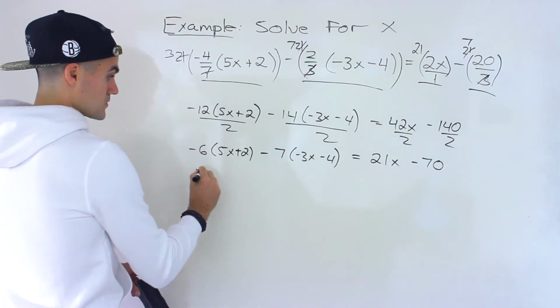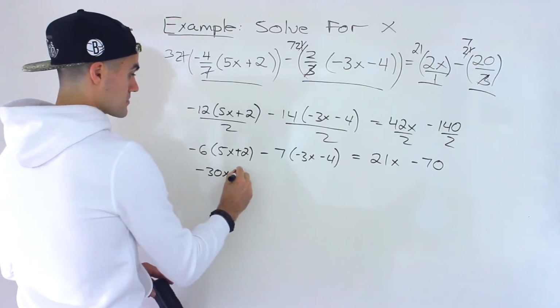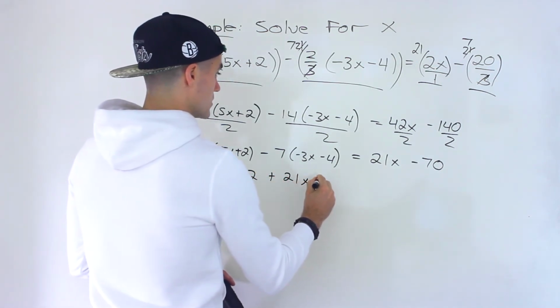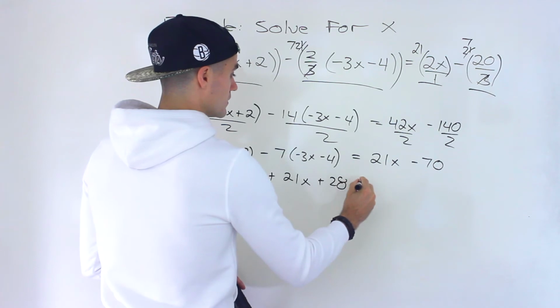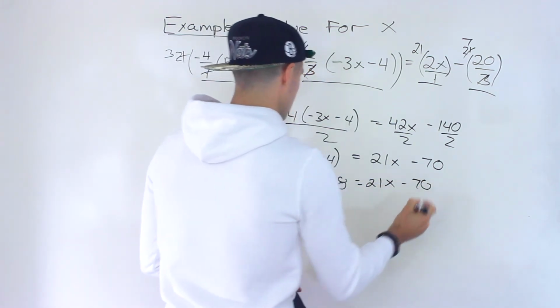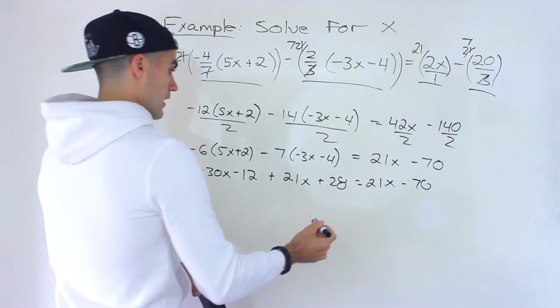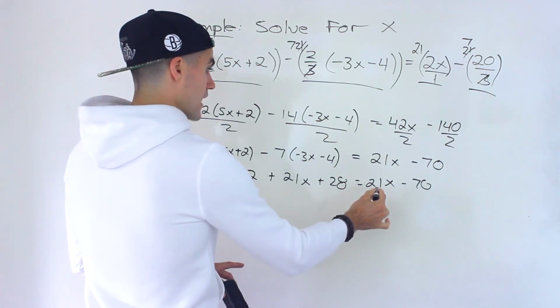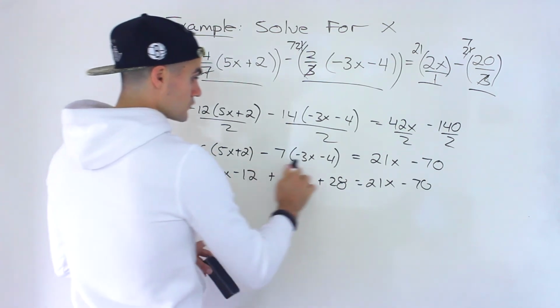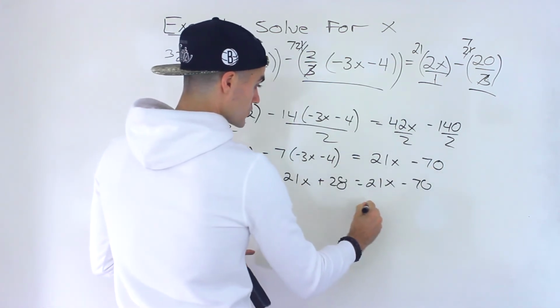So if we expand this, we'd have negative 30x minus 12 plus 21x plus 28 equals 21x minus 70. And then I'm going to bring all of the x values to the left side. So this 21x I'm going to bring over, and then the negative 12, the positive 28 I'm going to bring over to the right side.